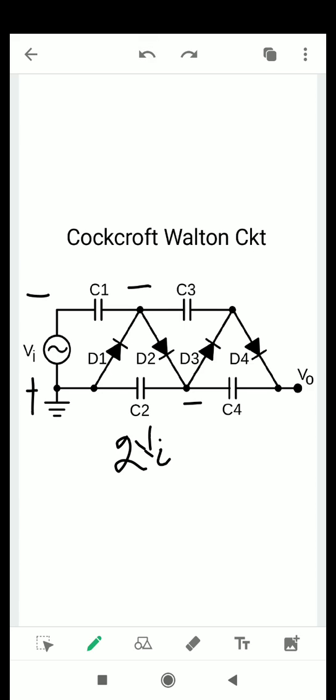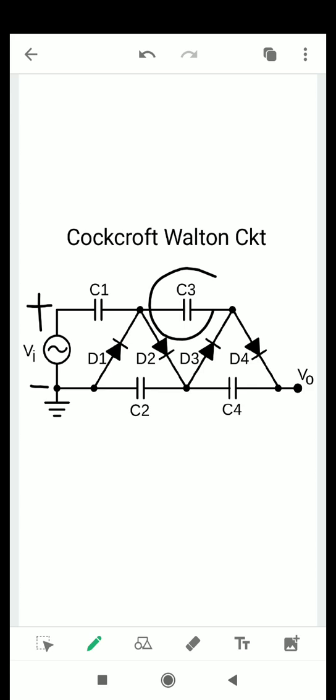Now after this half cycle, again the polarity across the supply terminal will change. Now it will be positive and it will be negative. The voltage across this capacitor C3 was 3 times the input voltage in our last cycle.